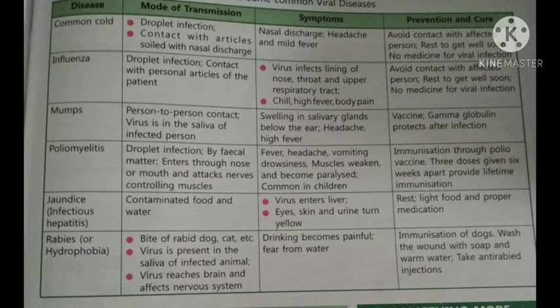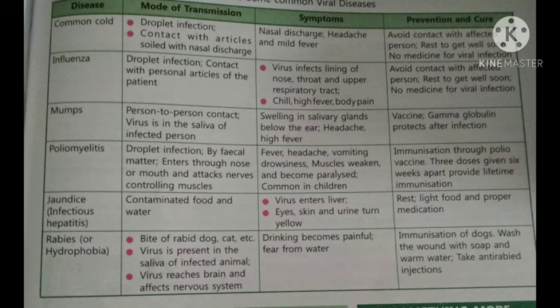Next disease is influenza. This disease is again transmitted through droplet infection by coughing or sneezing, or contact with the person or articles of the patient. If one person touches an object and a non-infected person touches that object, the virus is transmitted from one person to another. It basically infects the lining of your nose, throat, or upper respiratory tract.